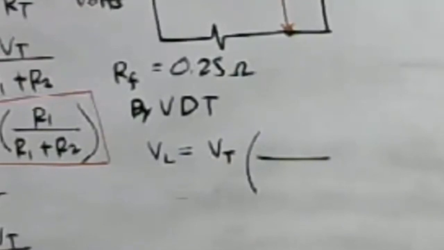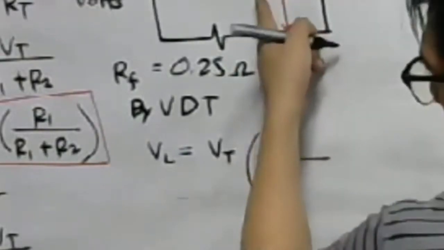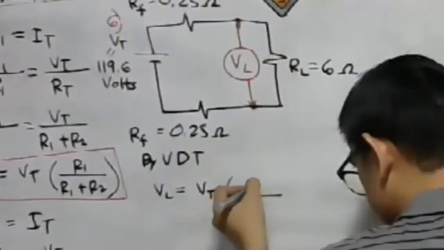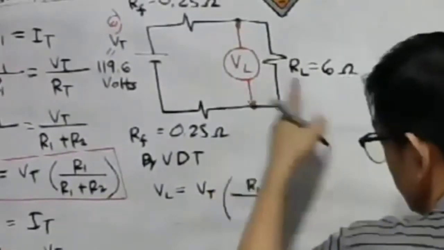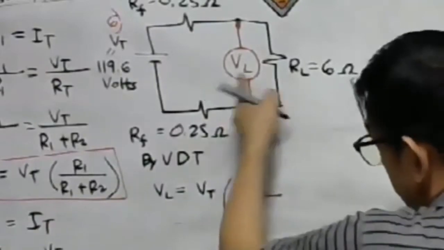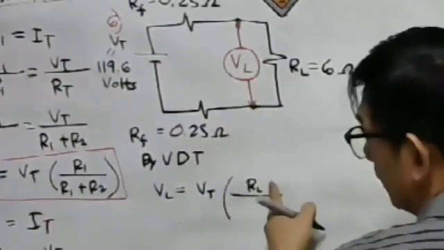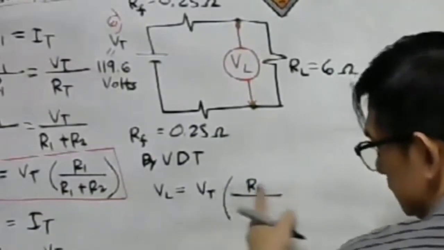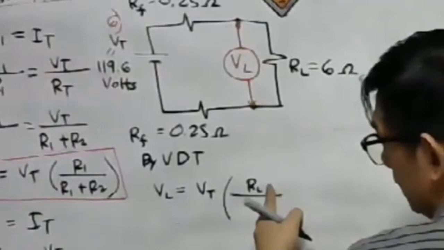R1. What is R1? Actually, that is the resistance RL, the resistance being measured by VL. So what is the voltage at resistance RL? So we have our VL. If this is L, this is also L. No? Okay?